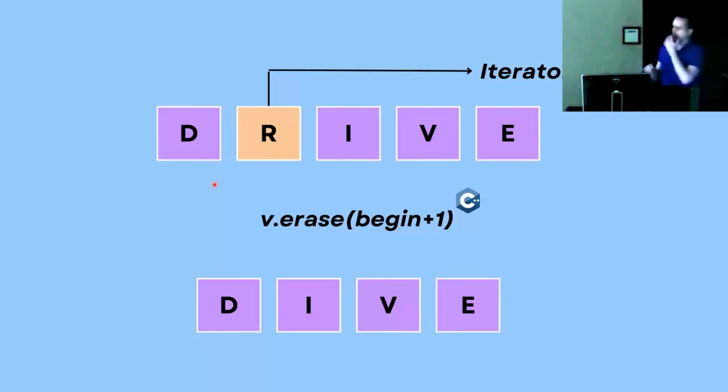This is an example of a dynamic vector or array in any programming language. This is how these are all implemented. So if I have a vector, and that vector has these letters D, R, I, V, E, and I want to delete this R, right? What actually happens? Well, in that array, we're not going to have a blank space anywhere in the array.